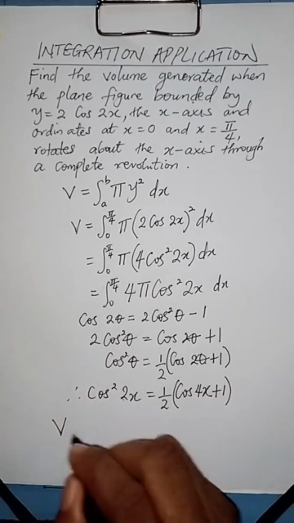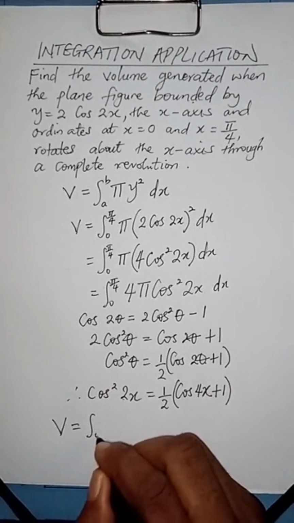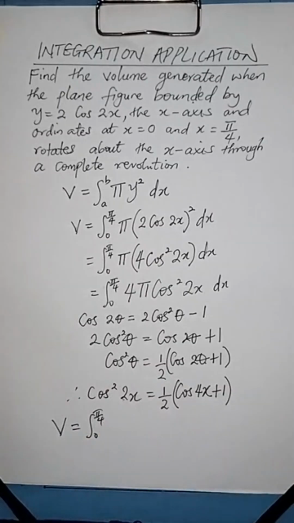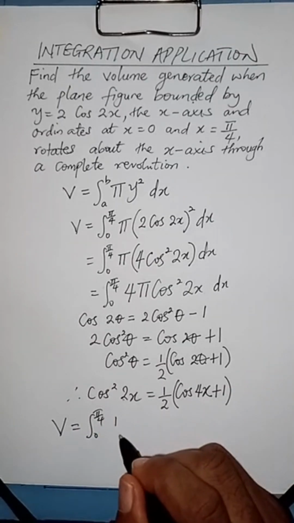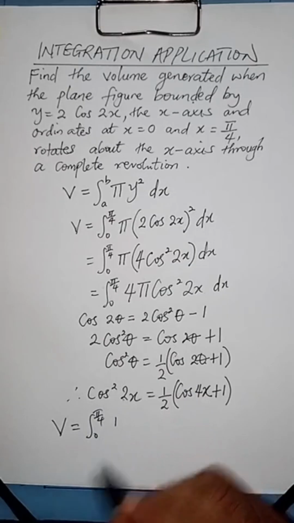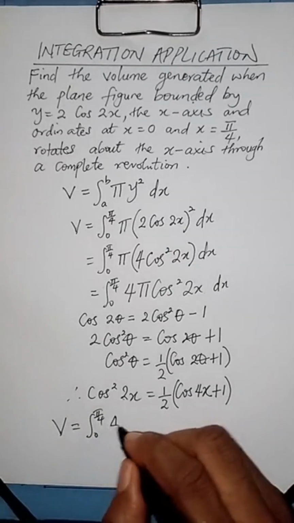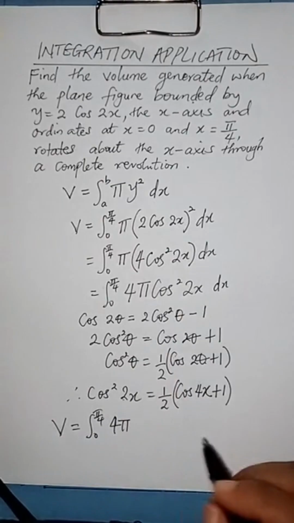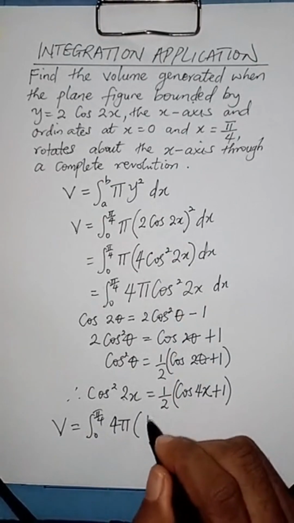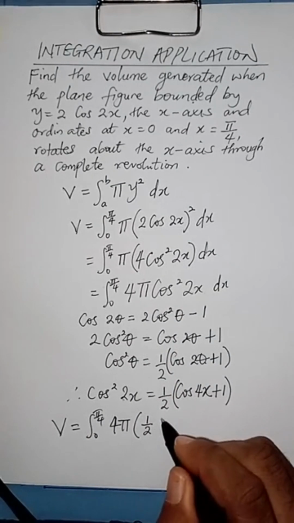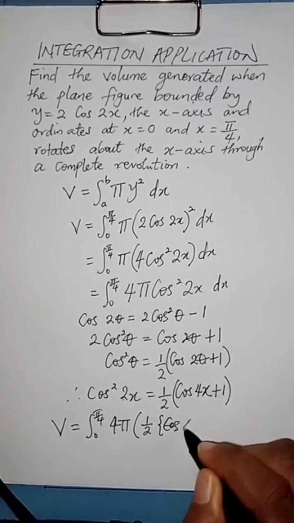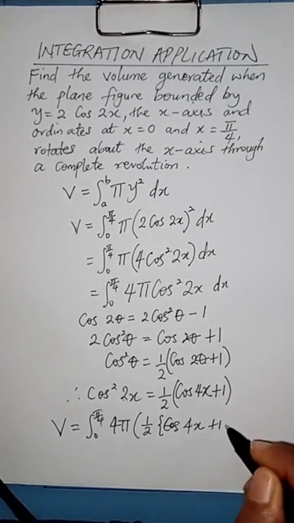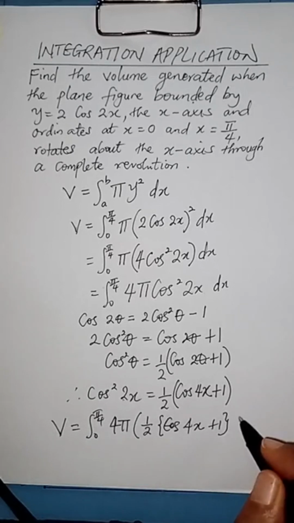So at this point, you can put in your values back. You're going to have 1, your 4 pi, which is there already, and then you have 1 divided by 2 times cos 4x plus 1, and then you can close it with dx.